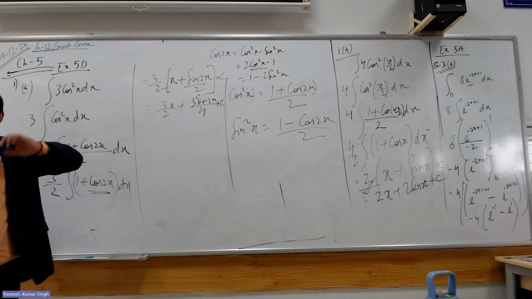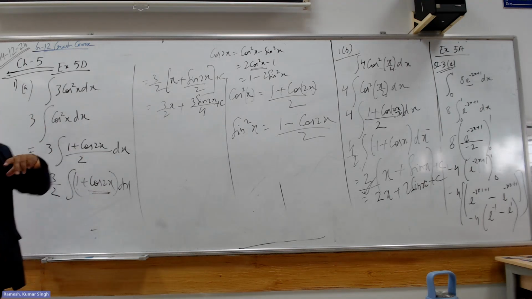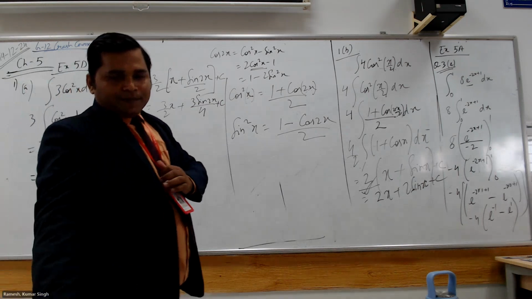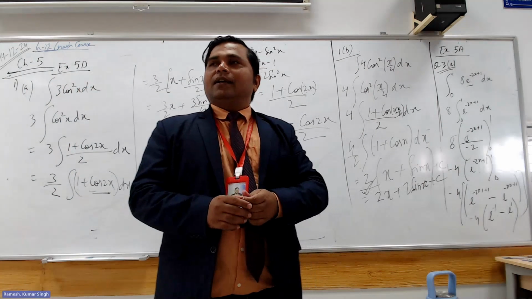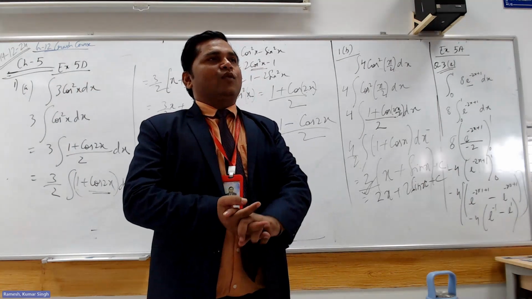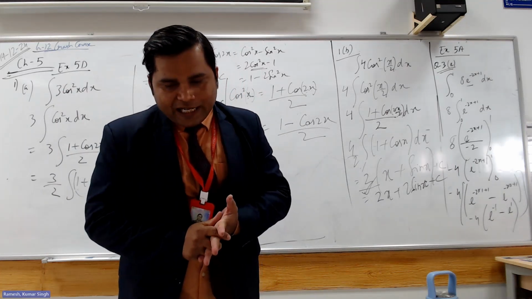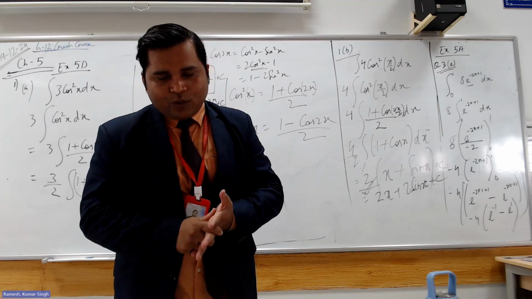So tan square x is going to be sec square x minus 1, and you know the integration of sec square x. Am I making sense? So do that. Tell me the answer. Convert tan square x to sec square x because we know its integration. Exercise 5D, question 1D.